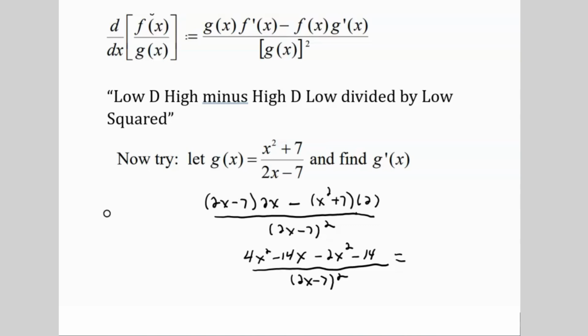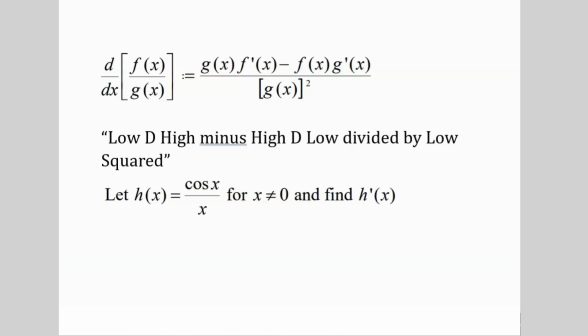So I would get 2x squared minus 14x minus 14 divided by 2x minus 7 squared as my answer.